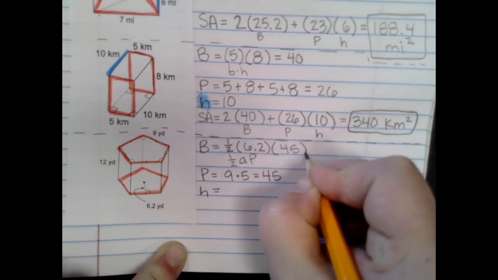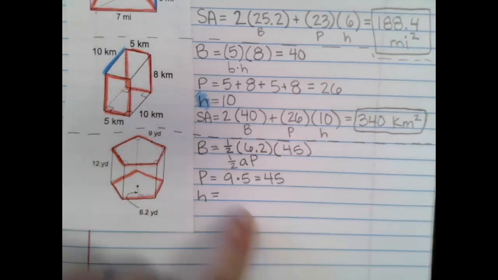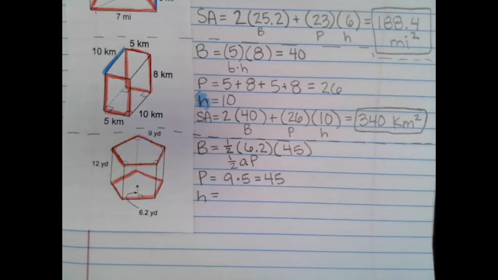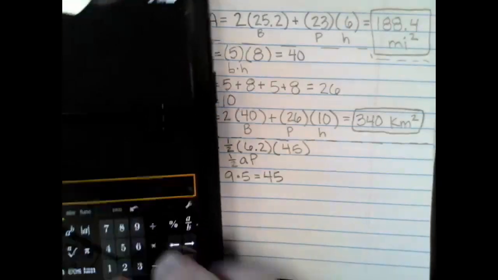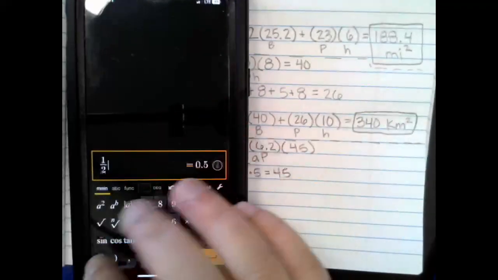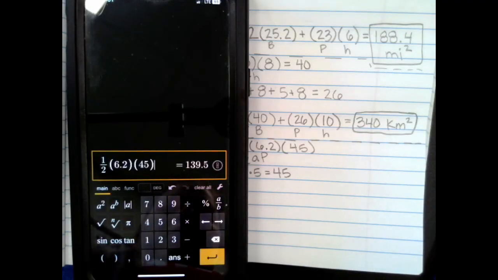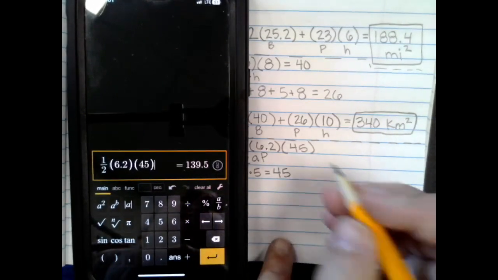What's nice about these ones is the perimeter is the same here when we talk about this perimeter and the perimeter before. So half times 6.2 times 45. We get 139.5.